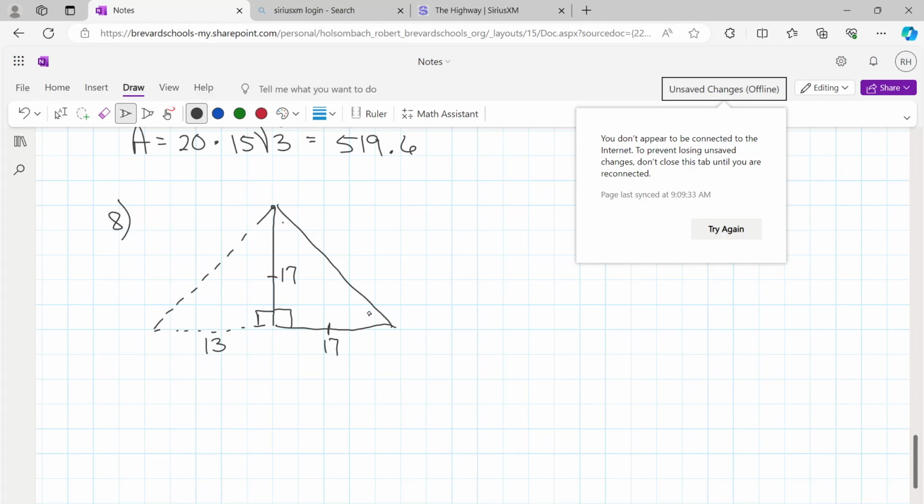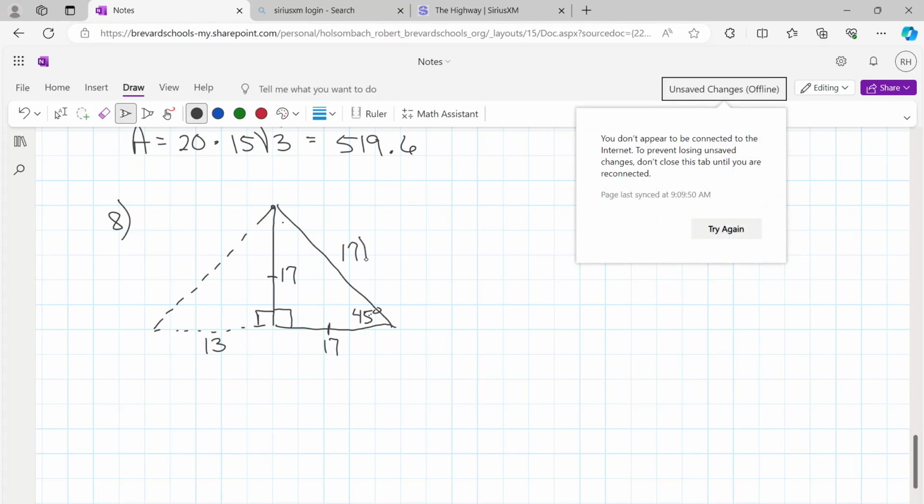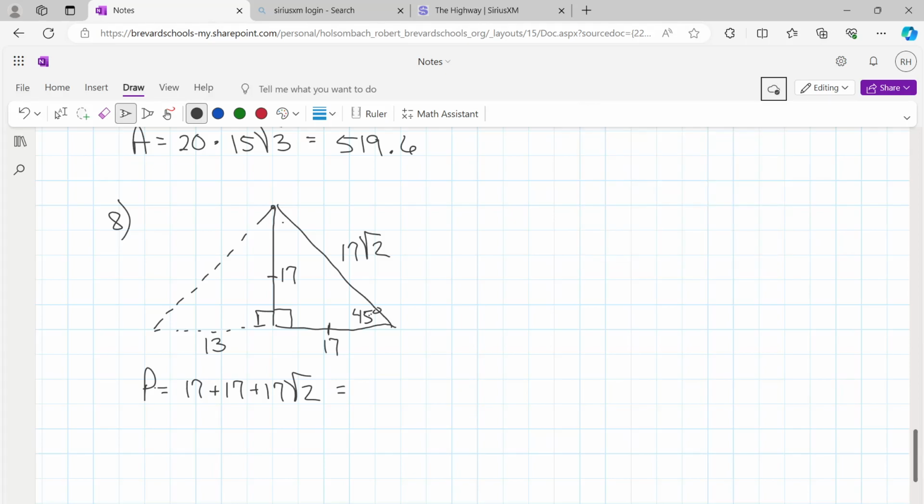And if these 2 angles are the same and they need to sum 90, then they're 45 degrees each, which makes this a special right triangle. And in a 45, 45, 90 special right triangle, one leg times the square root of 2 equals the hypotenuse. So our perimeter is equal to 17 plus 17 plus 17 times the square root of 2. 58.